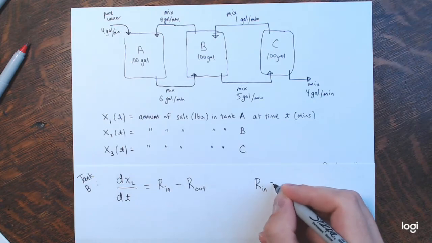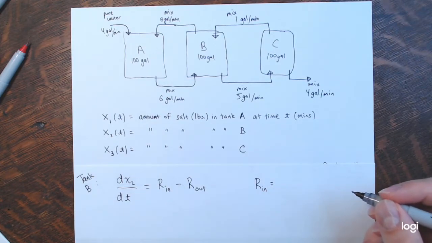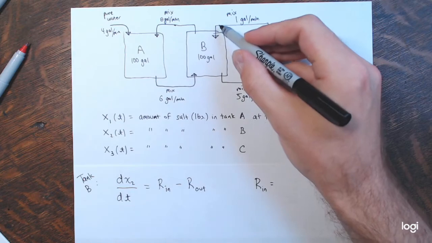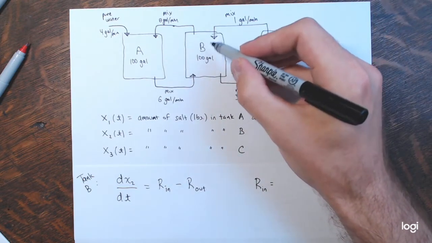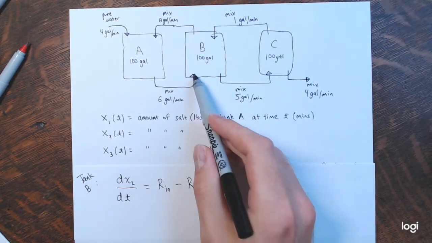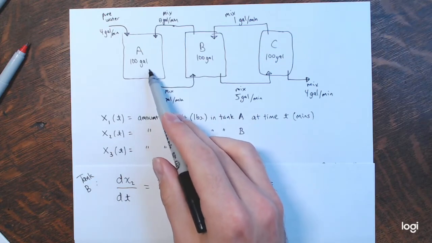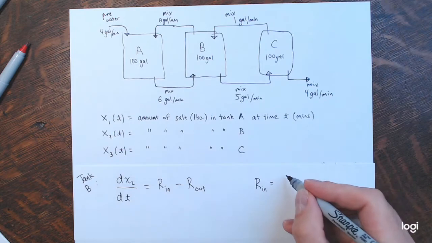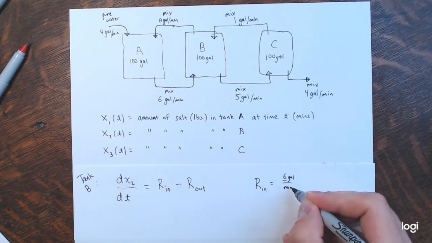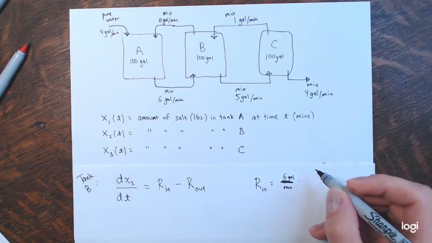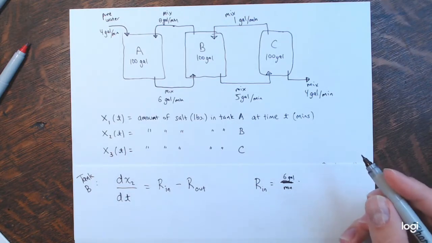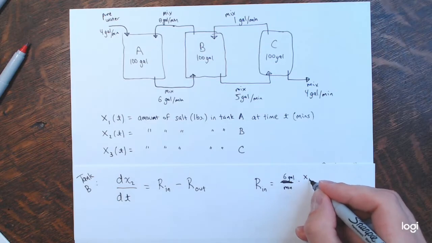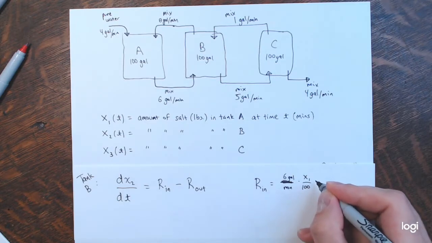All right, so the rate at which salt is going into tank B, well, there are two arrows going into tank B. This first arrow is from the mixture from tank A. So it's going in at 6 gallons per minute, multiplied by the concentration of tank A, which was x1 divided by 100 pounds per gallon.